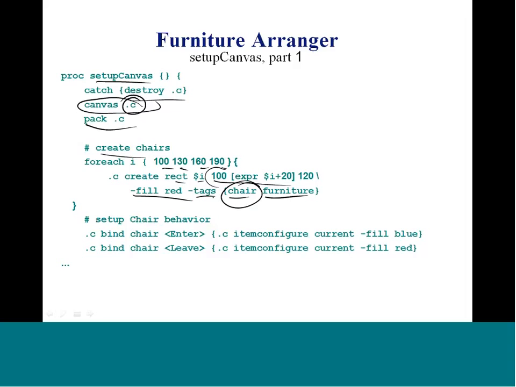For that we use the bind command, where we capture the enter event, and then for the current item, we fill it with blue. And if the leave event is given, then we fill it with red again so that it can be moved.